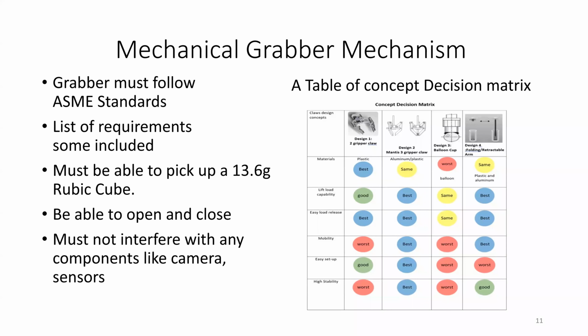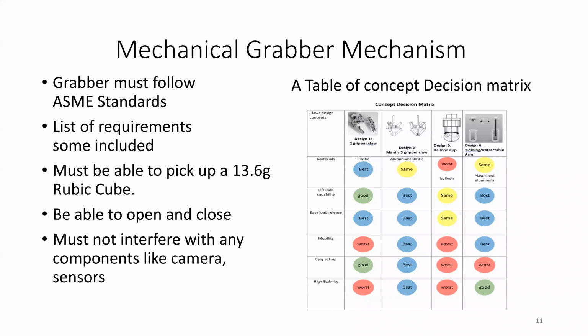Hello, my name is Gina. Designers such as our team were tasked to use our creativity to design a pickup mechanism to be able to pick up a Rubik's Cube. Preliminary design included producing requirements to follow and develop a product that will work efficiently and follow SME standards. Some requirements include, just to name a few, the grabber must be able to open and close.